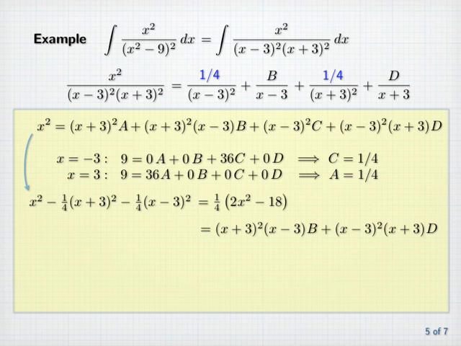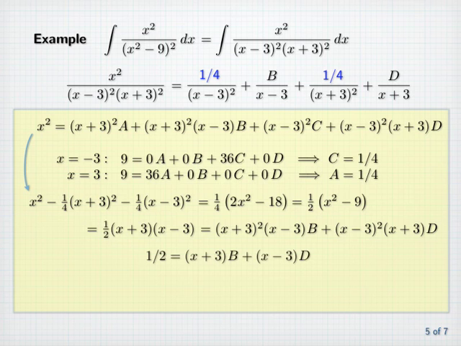Now if we factor 2 there, that becomes 1/2 of x squared minus 9, and x squared minus 9 factors into x plus 3 times x minus 3. So now let's divide through by x plus 3 times x minus 3, and we have 1/2 equal to x plus 3 times b plus x minus 3 times d, and now we can determine b and d by plugging in x equals minus 3 and plus 3.